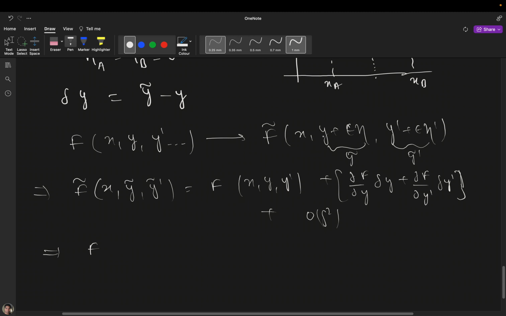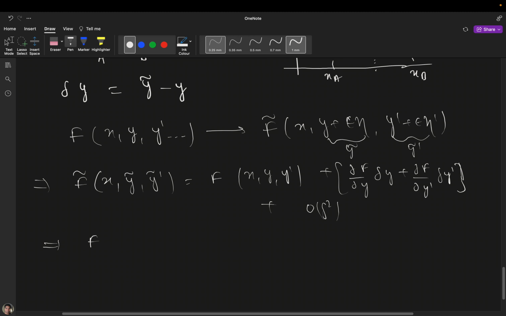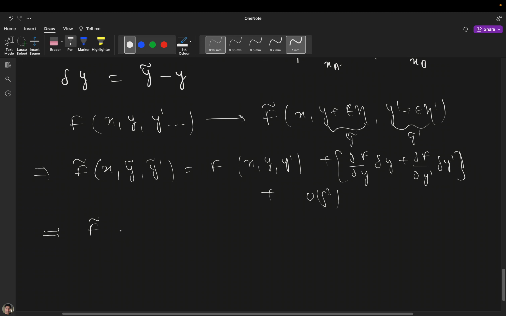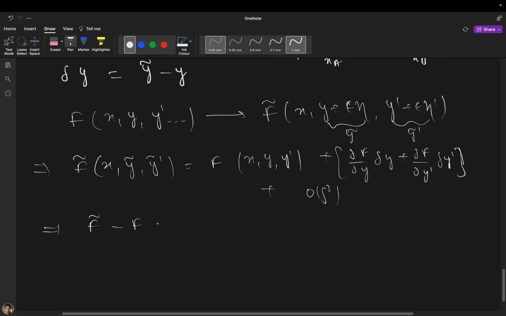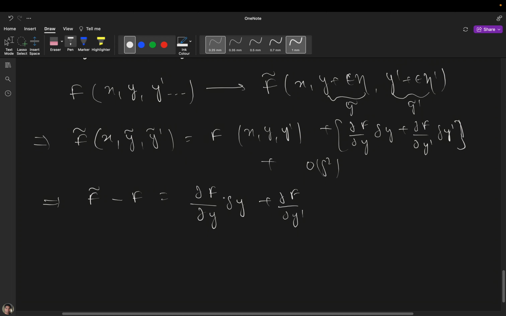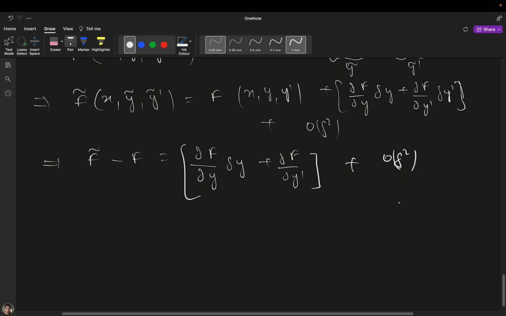Now this will become f tilde, because you are changing y to y tilde and y tilde dash. So I can write f tilde minus f, and this will become del f by del y plus del f by del y dash, plus the second order term.